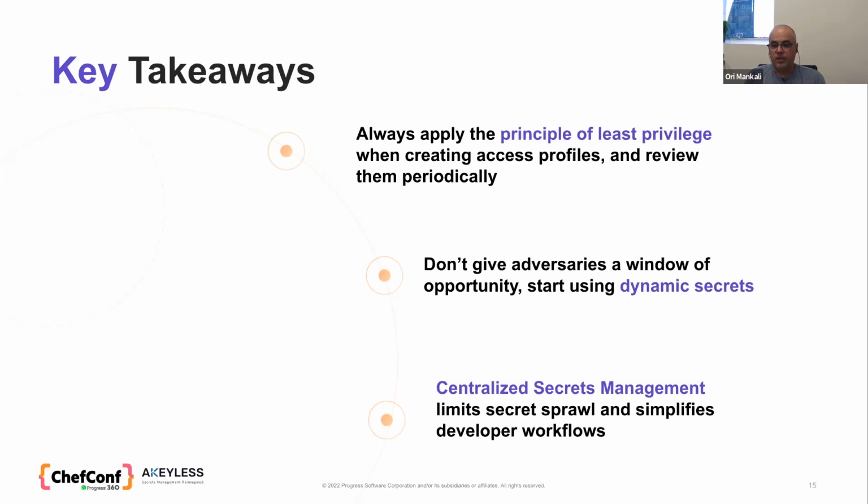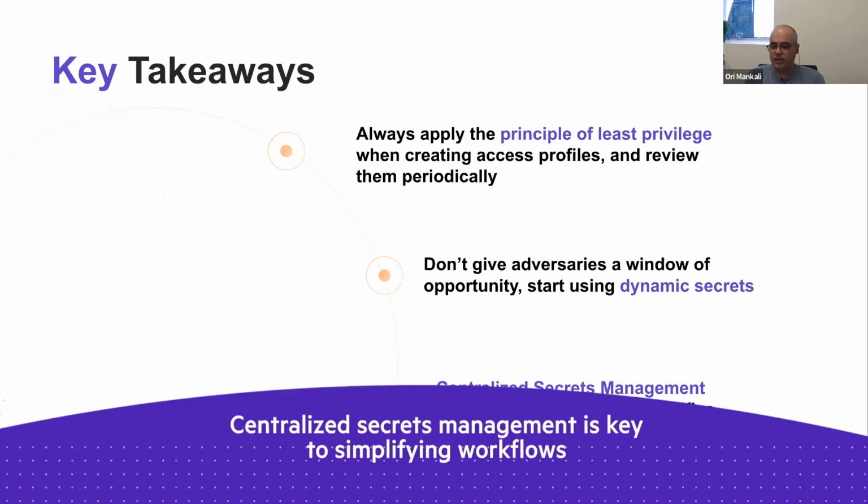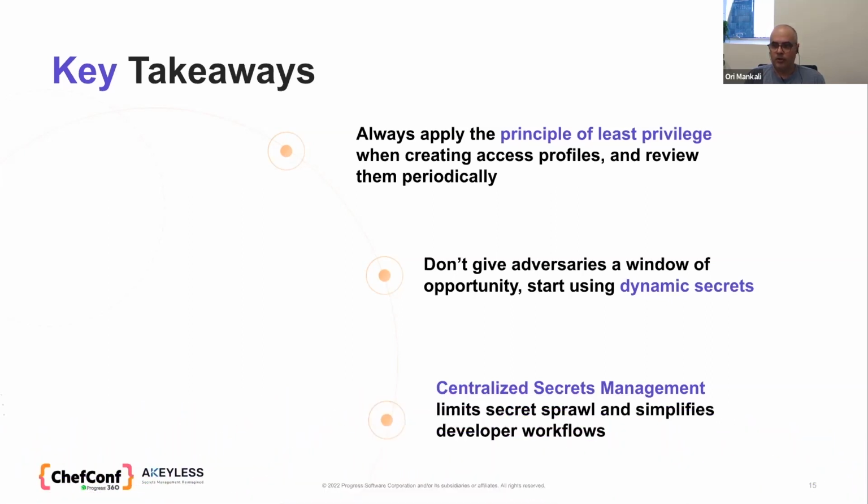And thirdly, using a centralized secrets management solution will minimize the secret sprawl and simplify the developer workflows in the sense that they will have only a single interface, a single API, a single way of managing and accessing the secrets across the organization.